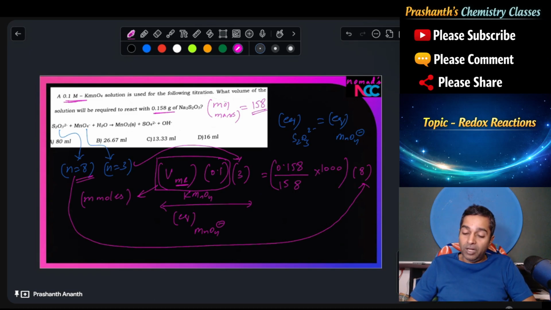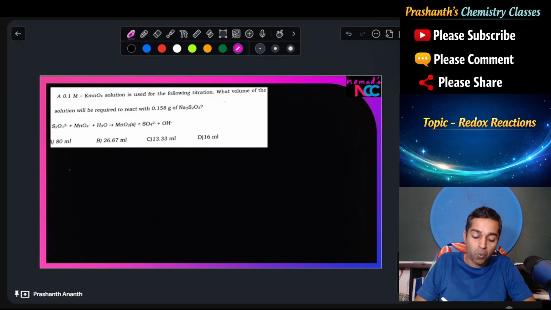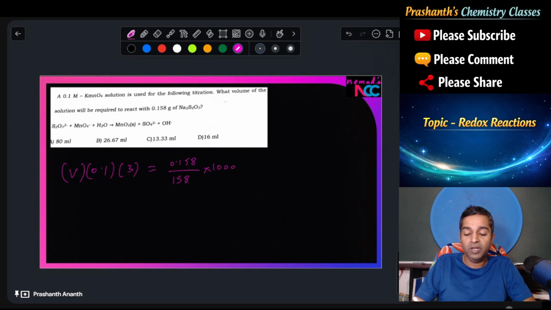So let me now put this down in equation form to solve it straight away. We'll have volume V into 0.1 into 3 being equal to 0.158 divided by 158 into 1000 into 8. 0.158 by 158 is 1 by 1000 effectively, right? 158 into 10 power minus 3. So these three will all cancel out beautifully.